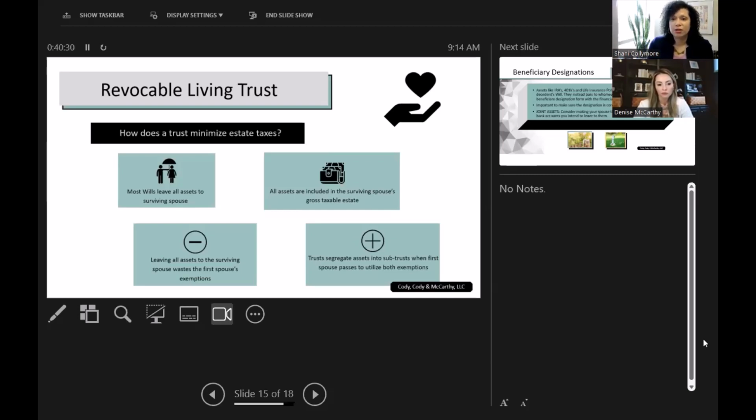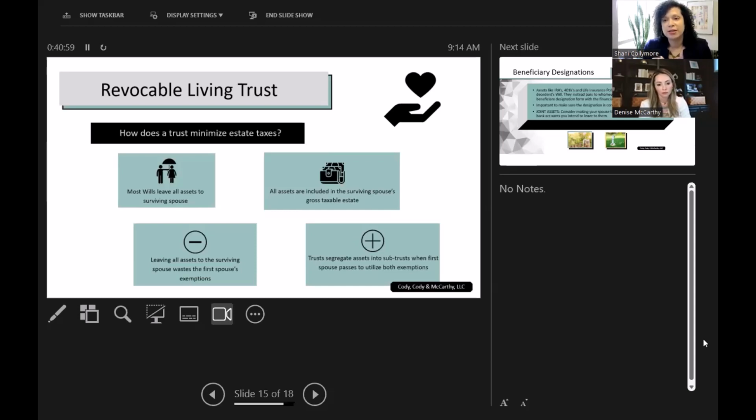So what a trust can do for basic estate tax planning is create two sub-trusts upon the death of the first spouse, a marital sub-trust and a family sub-trust. We're allowed to fund the family sub-trust with up to the estate tax exemption amount in Massachusetts, which is currently $1 million.